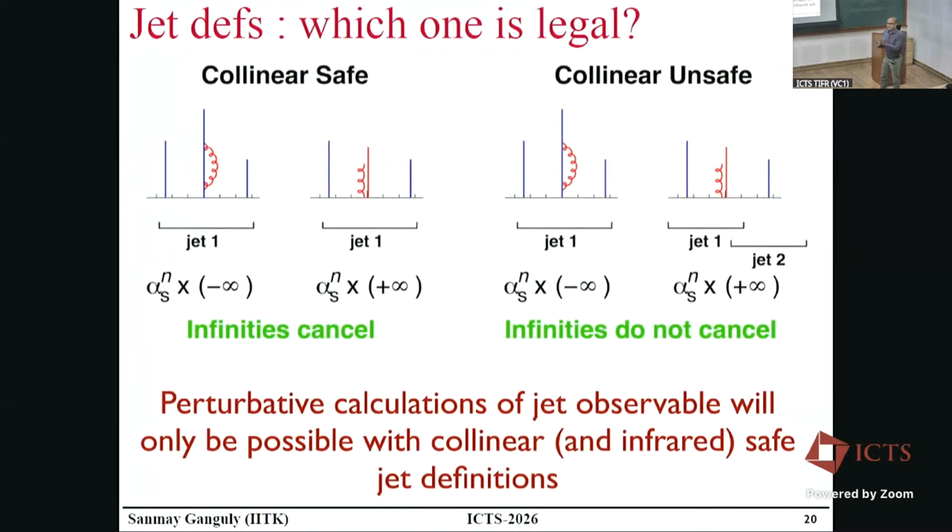In this case, the virtual emission and the real emission fall into 2 different jets. So at the cross-section level, there won't be a cancellation. So if a jet reconstruction algorithm clubs these 2 as 2 different jets, that is not satisfying the criterion, the cancellation of a real and virtual emission.